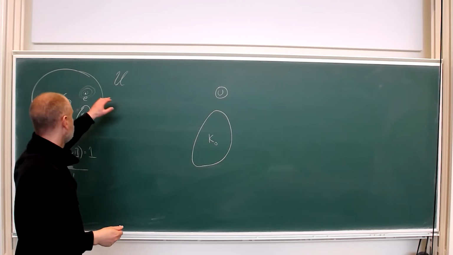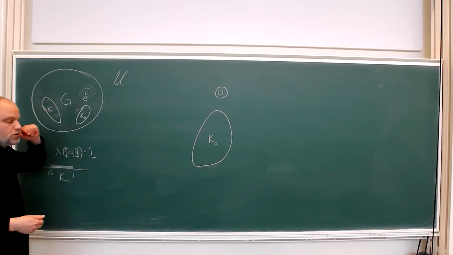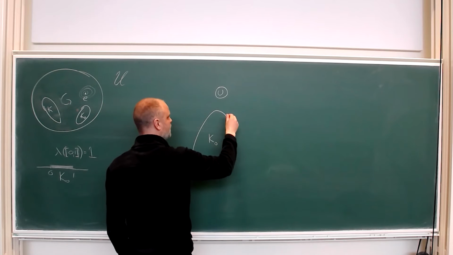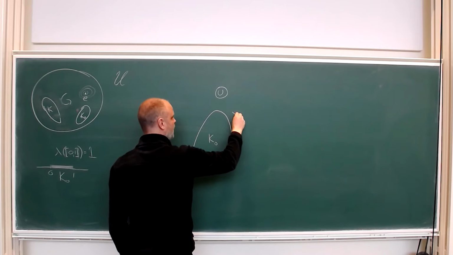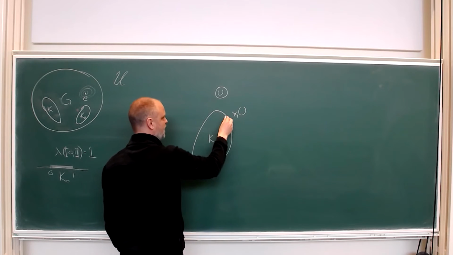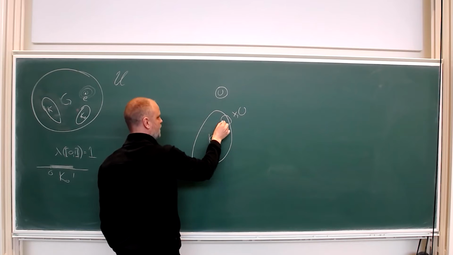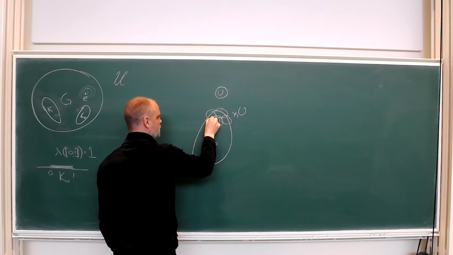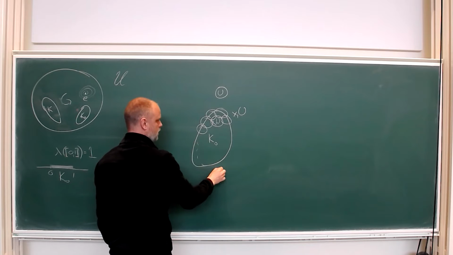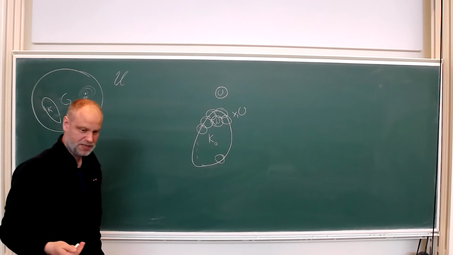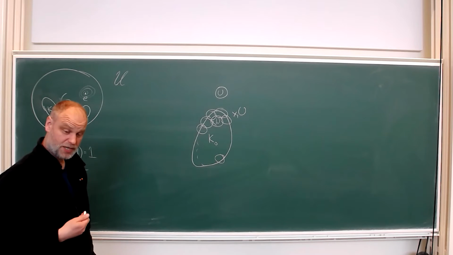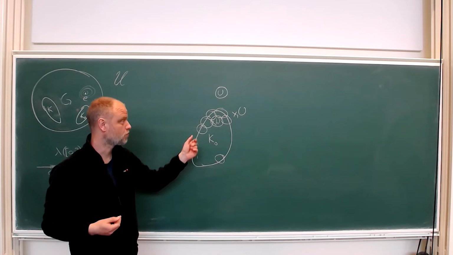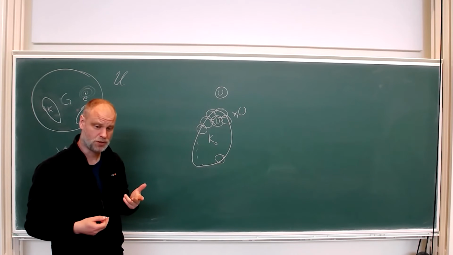The open set U does not need to be one of these neighborhoods of the identity so far. And then you consider x1 times U for some x1, let's say it's here, and then x2 times U here, and then you do this until you cover your whole K0. Now you get a number, but of course that number depends on how you choose your x1, x2, x3, and so on, right?